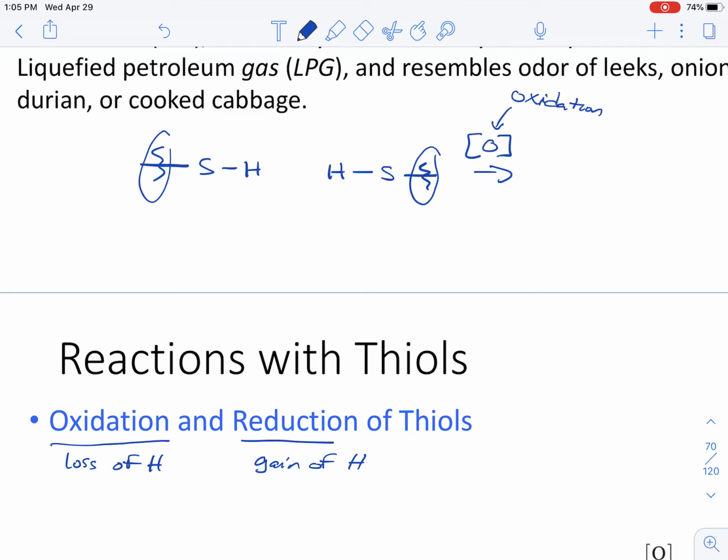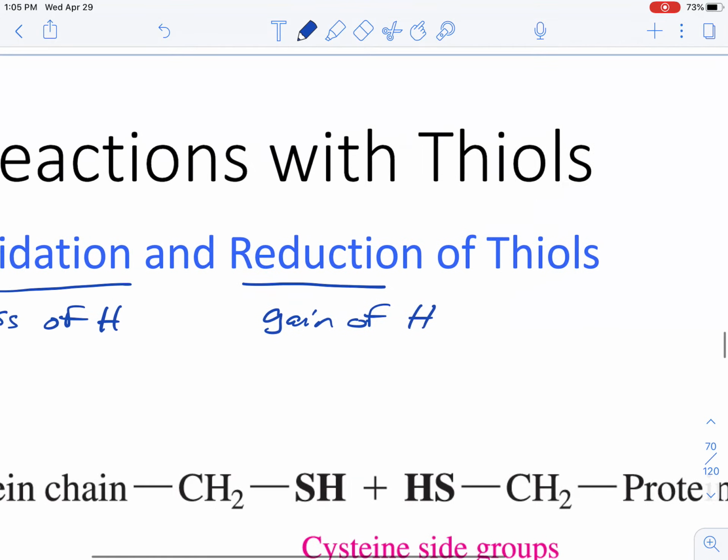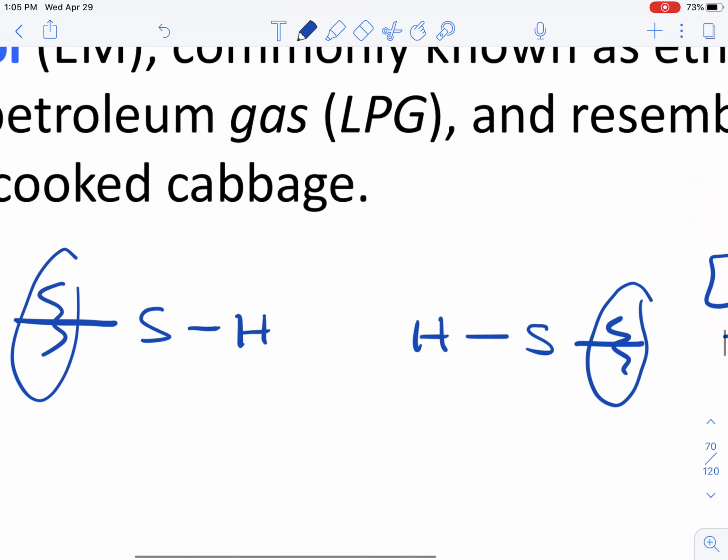We're going to add a specific catalyst that will catalyze the oxidation process. If we oxidize these two sulfhydryl groups, these hydrogens are going to break apart. Let me zoom in here.